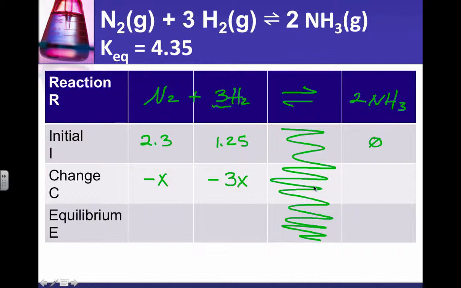So as the reactant quantities go down, my product quantities will increase twice as fast as what the nitrogen is going down, because that's the mole ratio for nitrogen compared to ammonia. So let's add the numbers together to get our equilibrium values. 2.3 minus x for nitrogen, 1.25 minus 3x for hydrogen, and just 2x for ammonia.